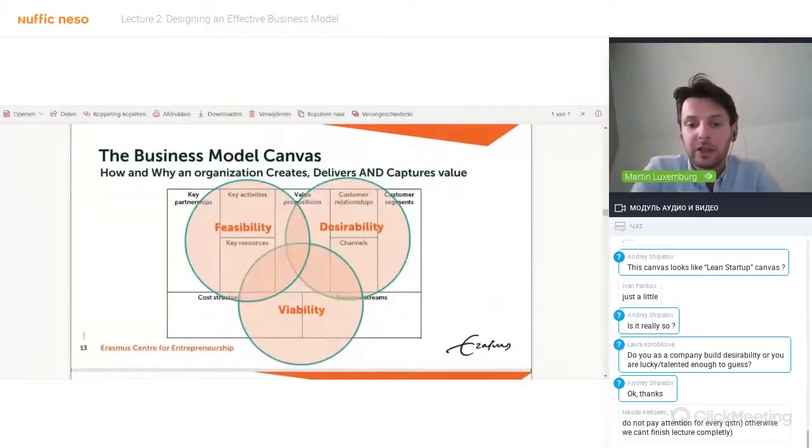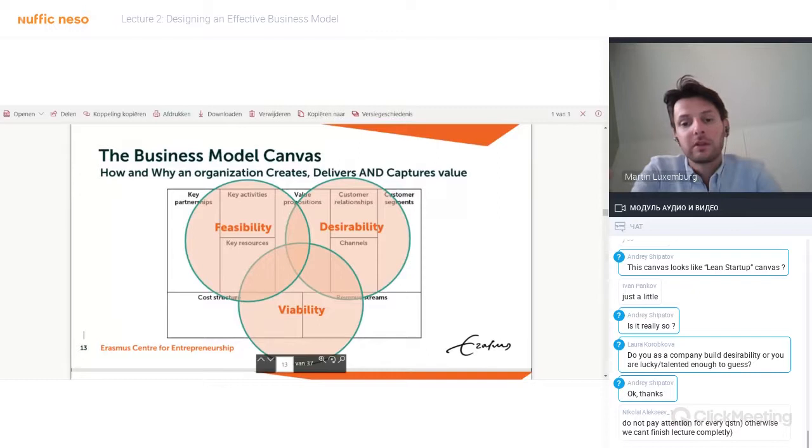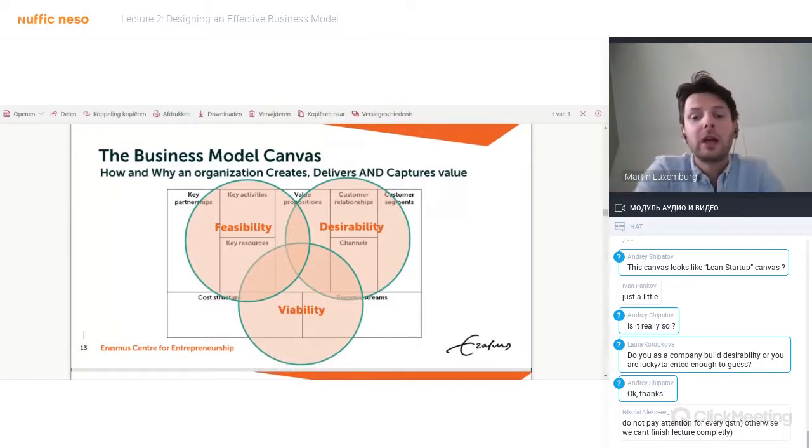So I want to talk about this. On the right-hand side again: is your value proposition able to deliver the value that a customer wants? So a customer desires it, so desirability is there. You need to get that in place.